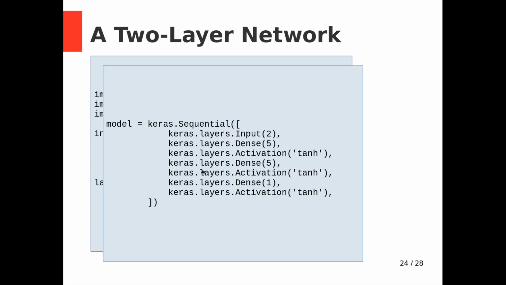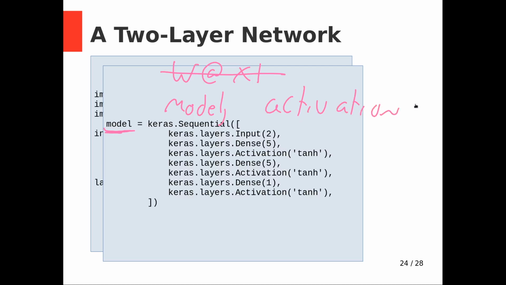And then this block builds my model. So again, we're not going to be writing explicit matrix math now, right? We're going to be working in terms of high-level classes like models and activations that describe our network.